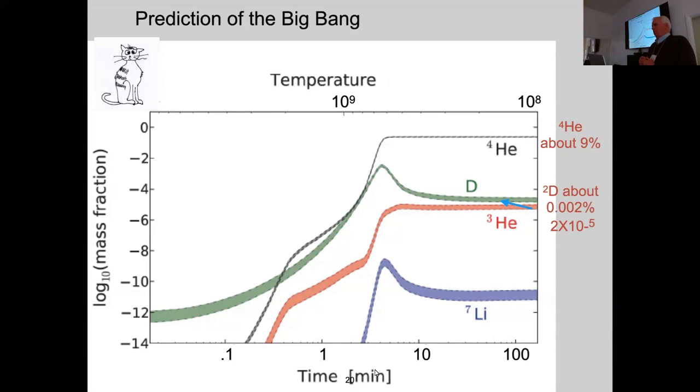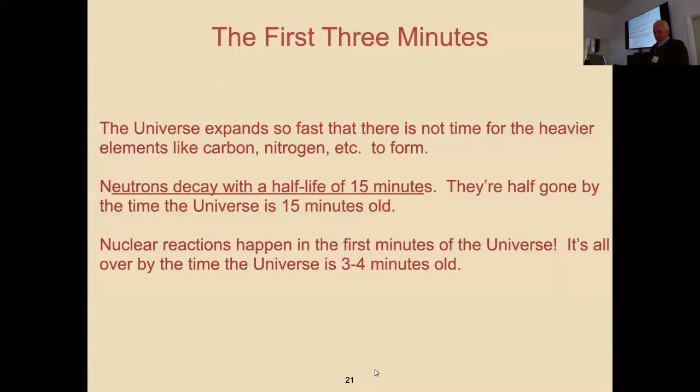These things are moving around at almost the speed of light, and so that's a long time. It's all over by the time that the universe is 3 or 4 minutes old. It's all the helium. Isn't that neat?